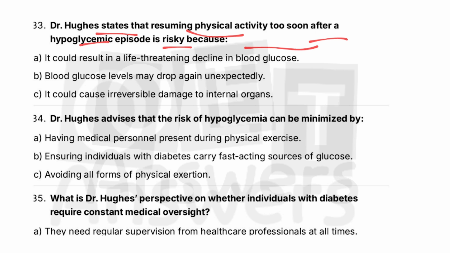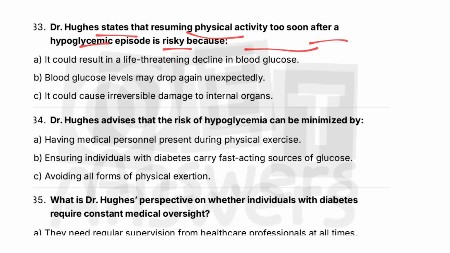So first look at the three options. You can differentiate by scanning the answer options. You can take 45 seconds for reading all the options. I'm repeatedly saying this so you remember everything. It could result in a life-threatening decline in blood glucose. Life-threatening decline means very low, like zero stage. Then it could result, meaning it causes.